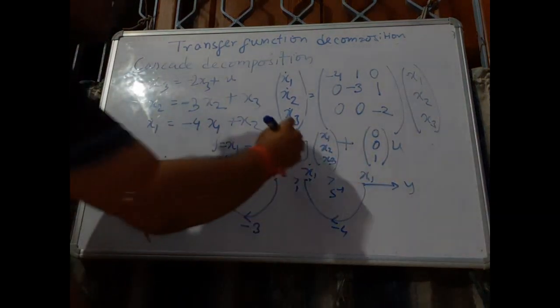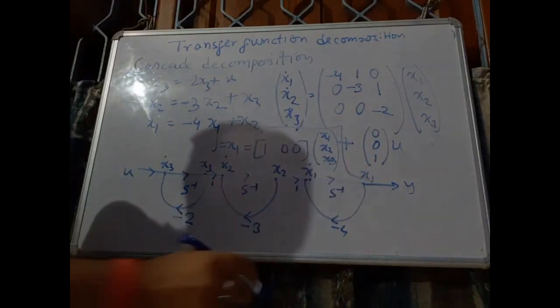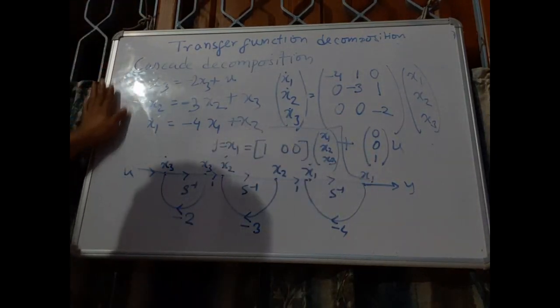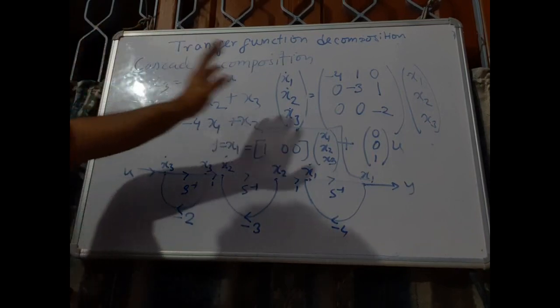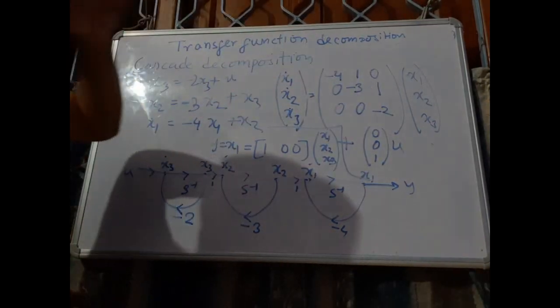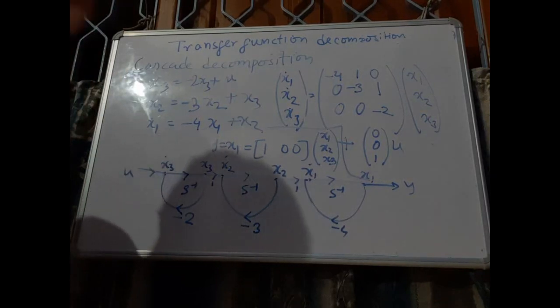This is the cascading type decomposition. You can see that only the A matrix is changing for different decompositions.